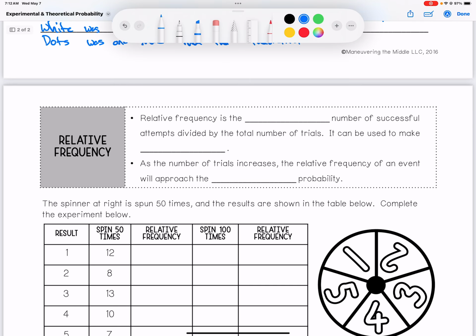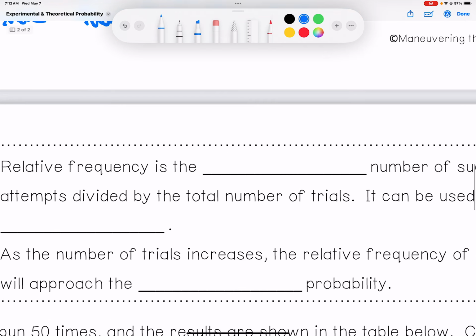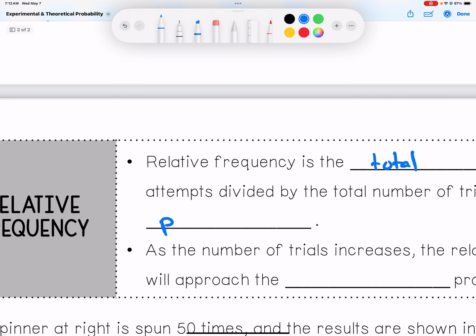All right, relative frequency. Relative frequency is the total number of successful attempts divided by the total number of trials. It can be used to make predictions.